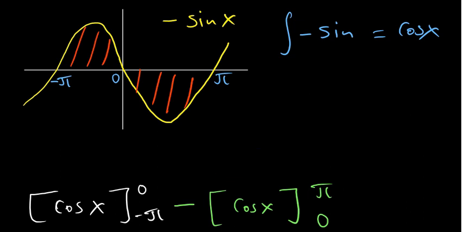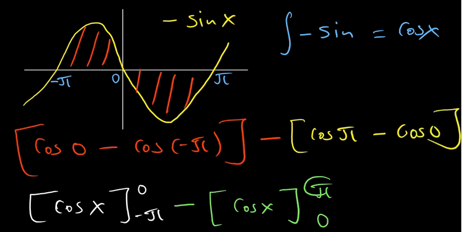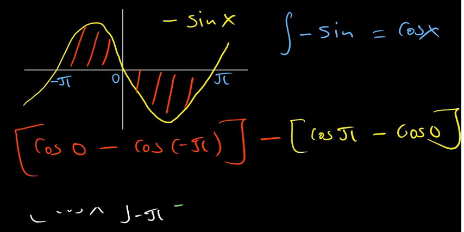At this point we should be able to substitute what we have. So we have 0 first of all as the upper limit. So we're going to have cosine of 0 minus cosine of negative pi. You can put that in the brackets, and then minus, for the other part, the upper limit is pi. So we're going to have cosine of pi minus cosine of 0.